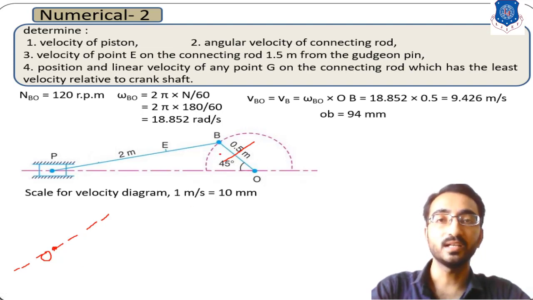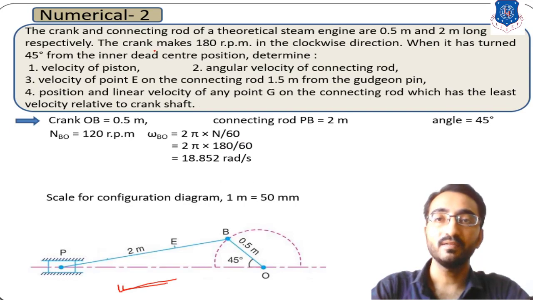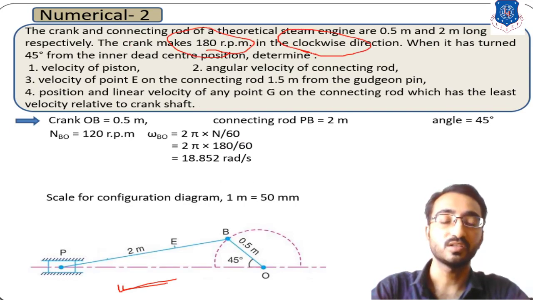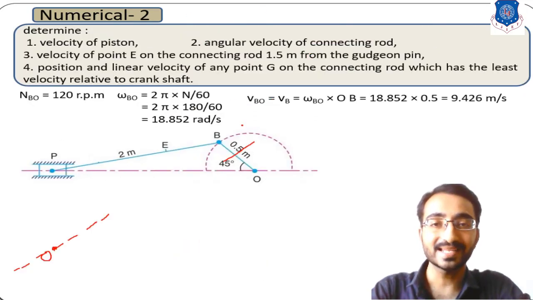Now in which direction the rotation is given is very important. In the data it is given that the crank makes 180 rpm in the clockwise direction. What it means is that it is rotating in the clockwise direction, so in the clockwise direction it means it is rotating in this direction.